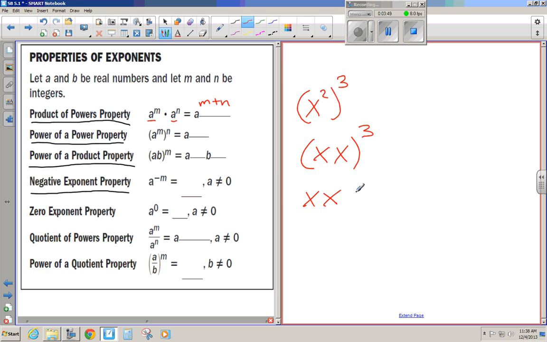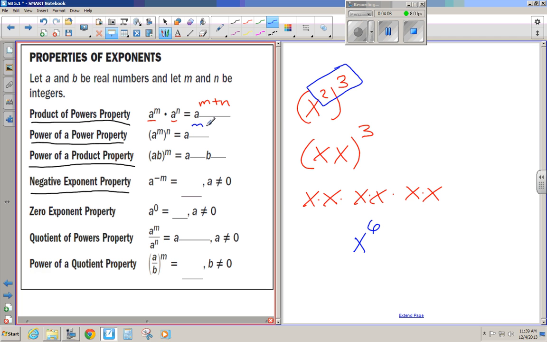So it's x times x, x times x, x times x. And once again, all together, what would we do with these numbers to get x to the 6th? You're going to multiply them.